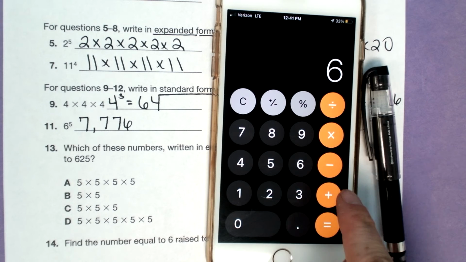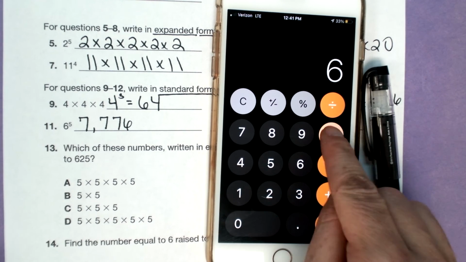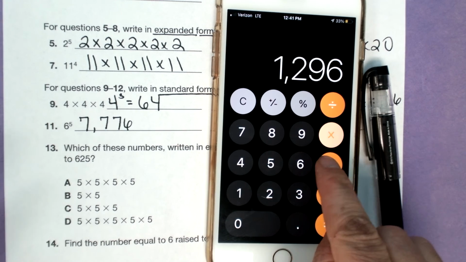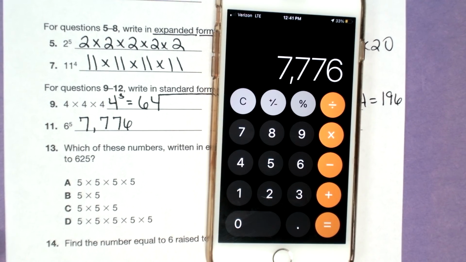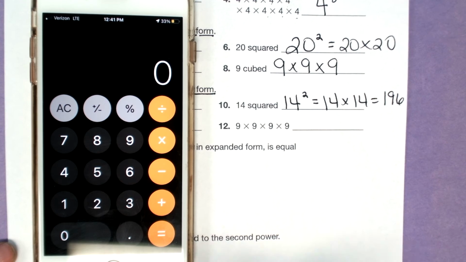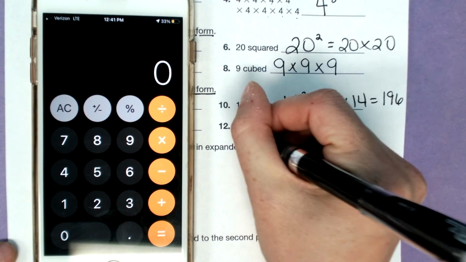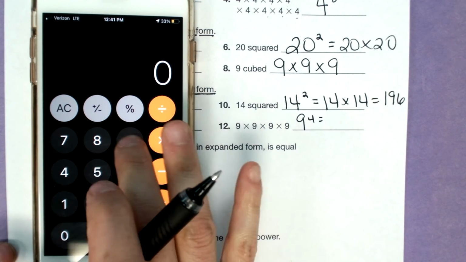So I'm going to count them again. 6, 6, 6, 6, 6. That's correct. 6 to the power of 5 is 7,776.